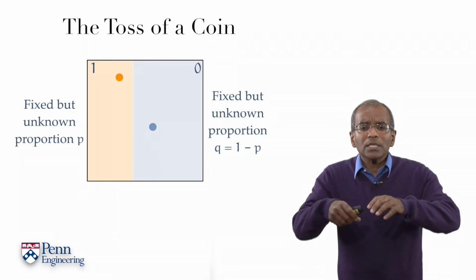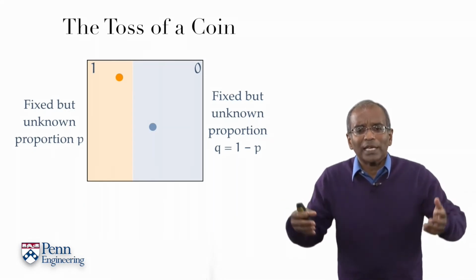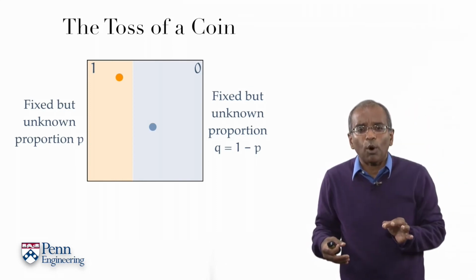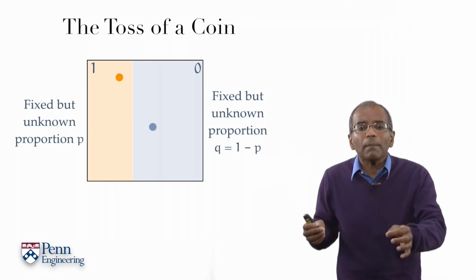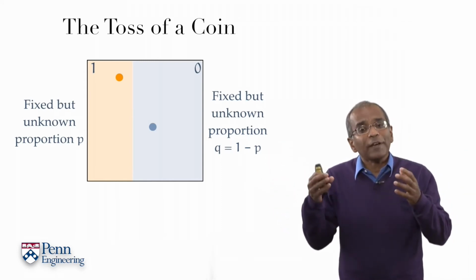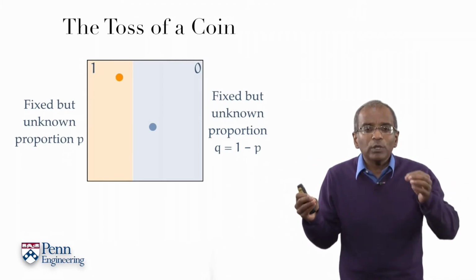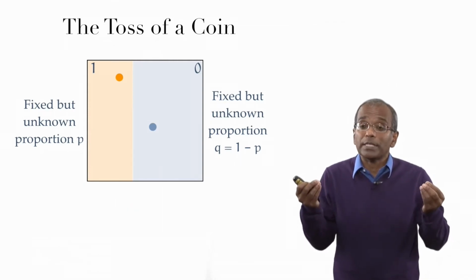And so, here is another name, or a sequence of names, for the underlying experiment. Selecting an individual at random from the population, when the population is dichotomous, corresponds to flipping a metaphorical coin with a fixed but unknown success probability, p. We will call such a coin flip a Bernoulli trial with success probability, p.